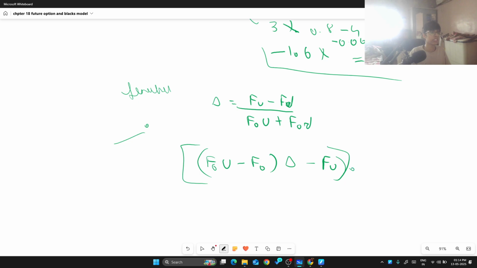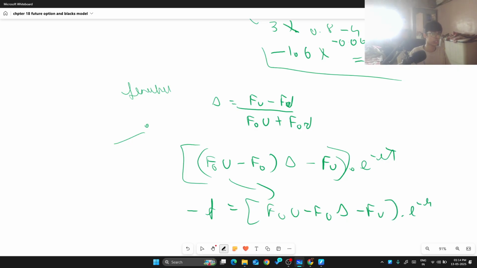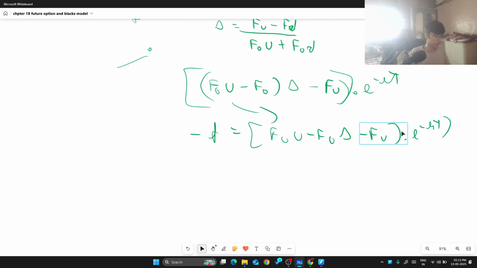In the book there is a discount, and we have a discounted value, and our short position is this, right? We short our position. Okay, and after that we simplify.